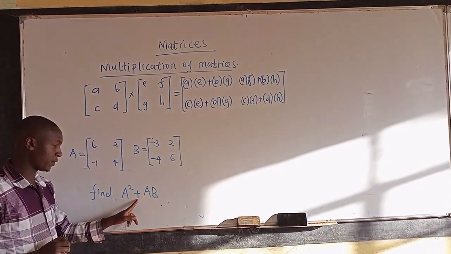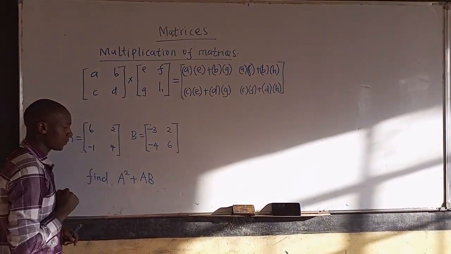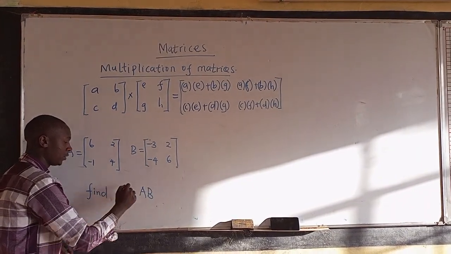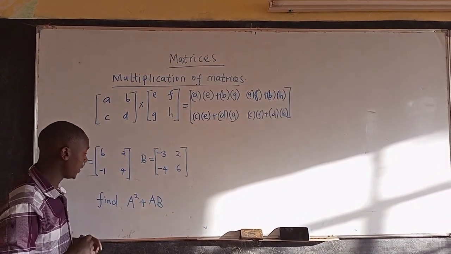Remember, we have already learned how to add matrices. So we are going to work out the result of this and the result of the second multiplication, so that we can add them together. So right away, let's start.